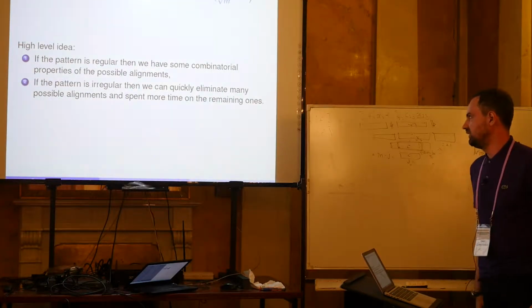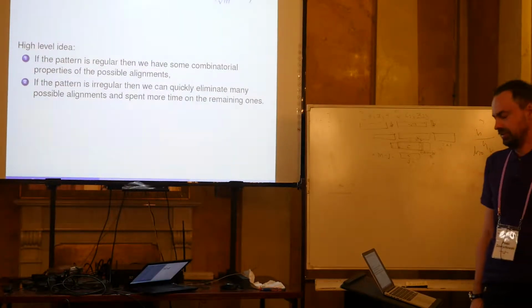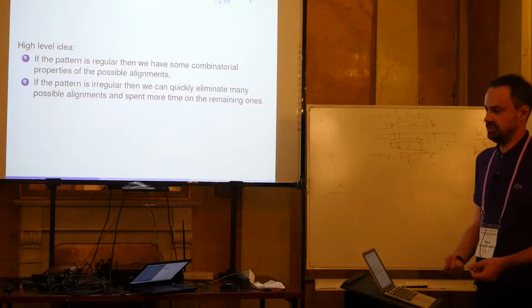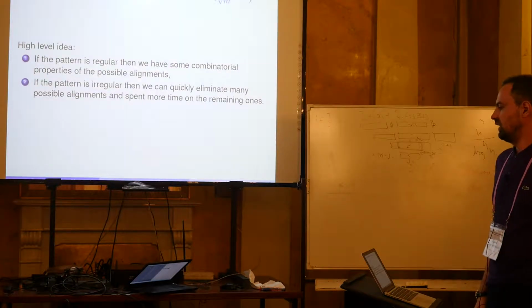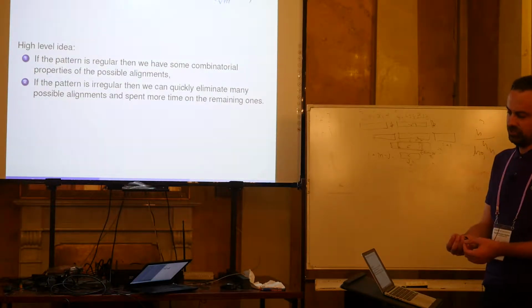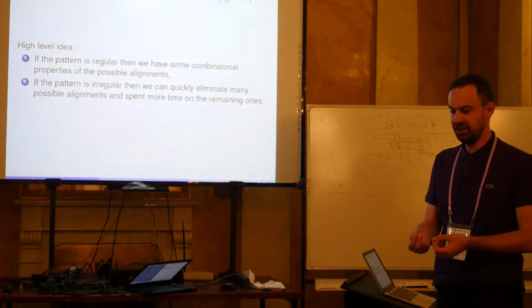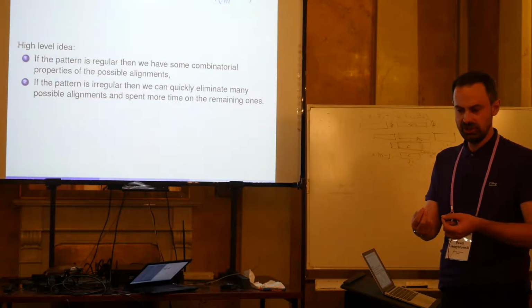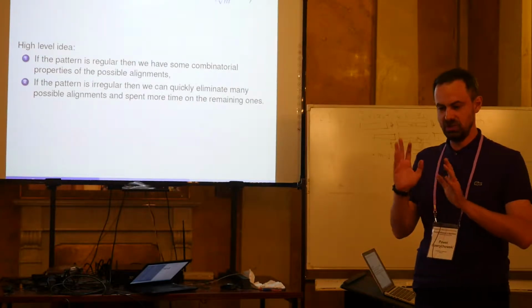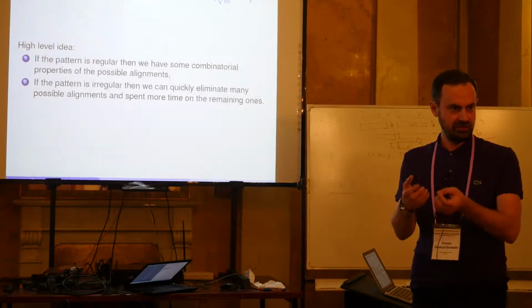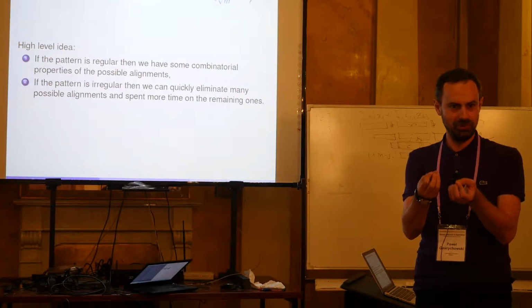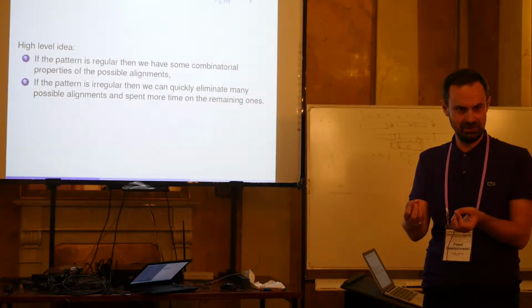The other possibility is that the pattern is not regular, and in such a case its structure is so complicated that you don't need to look at all characters of your pattern to eliminate many possible alignments. So many things happen in your pattern that you can forget about most of the characters, and the remaining characters will introduce so many mismatches already that you don't have to look at the other characters.